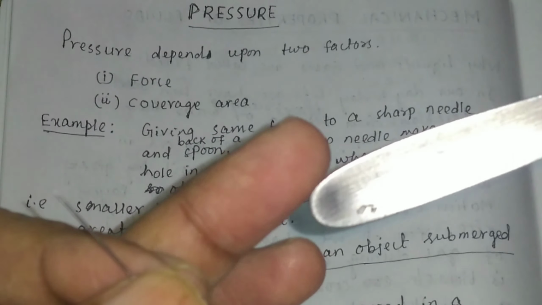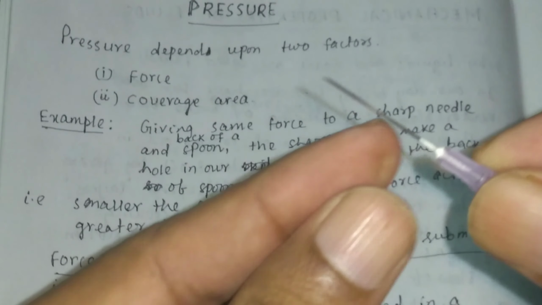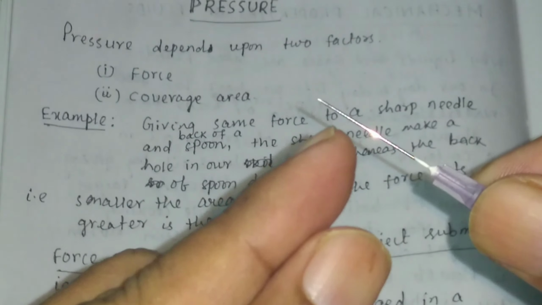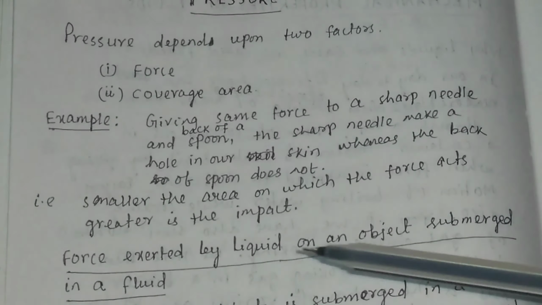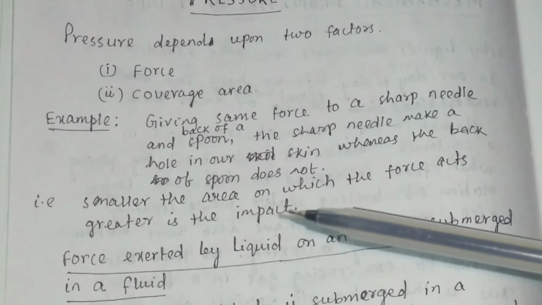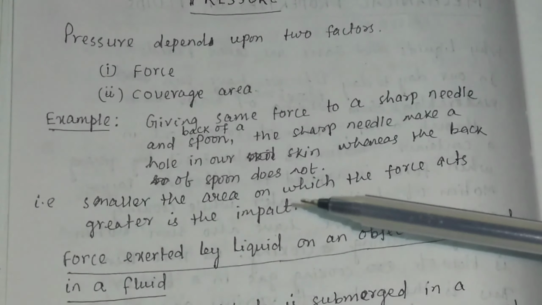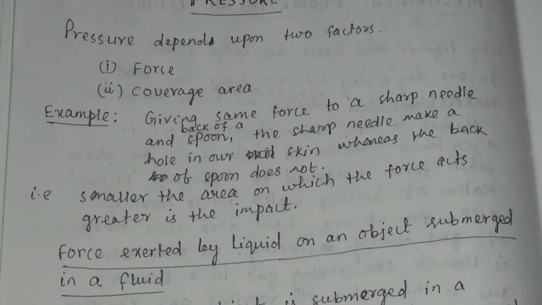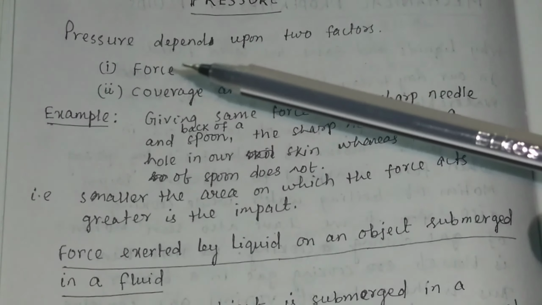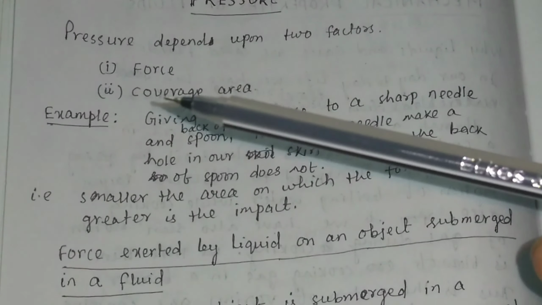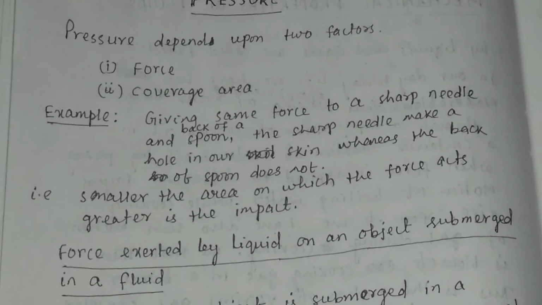The coverage area of this spoon is more as compared to the coverage area of this needle. So remember, smaller the area on which the force acts, greater is the impact. And mathematically, if you define pressure P equal to F by A, and if the area is small, then pressure will be large.